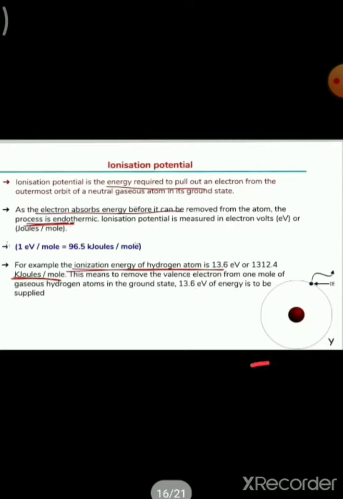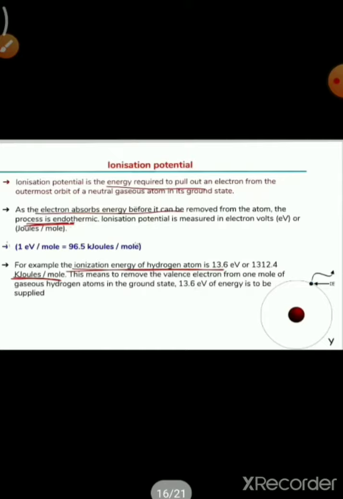So here you can see this is one atom, the middle one is your nucleus, and this one is your outermost orbit, and this is your outermost valence electron. Okay, so ionization potential means to remove the valence electron from the outermost orbit of a neutral gaseous atom in its ground state.